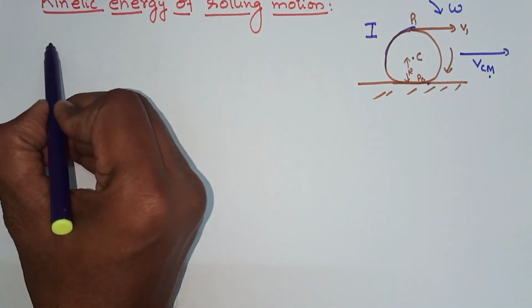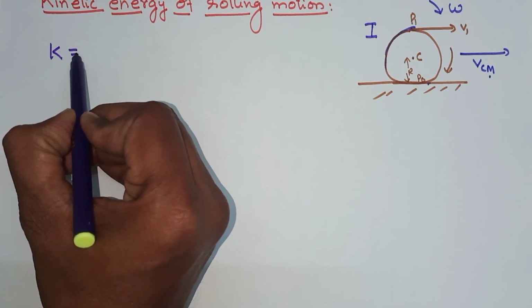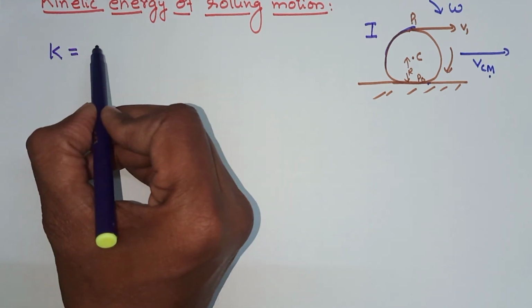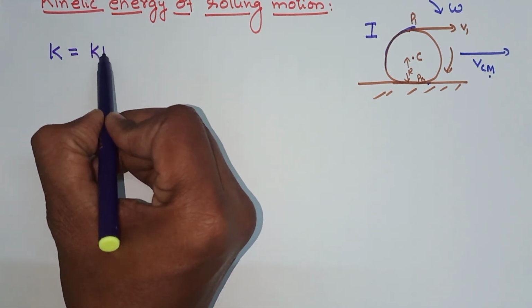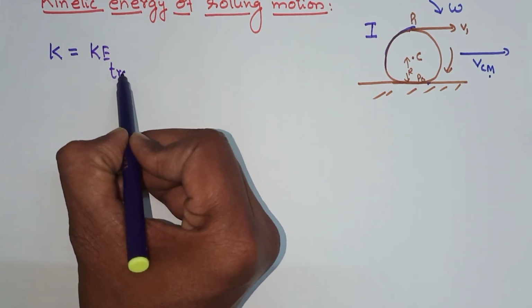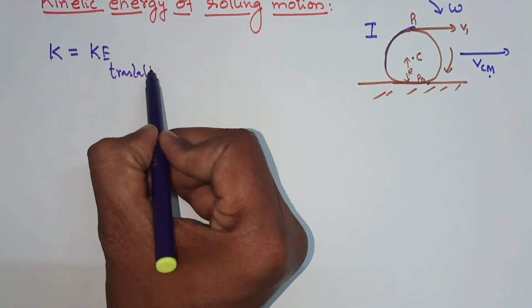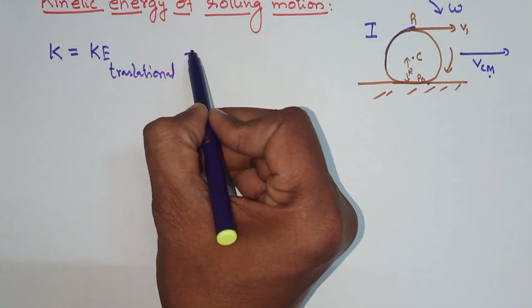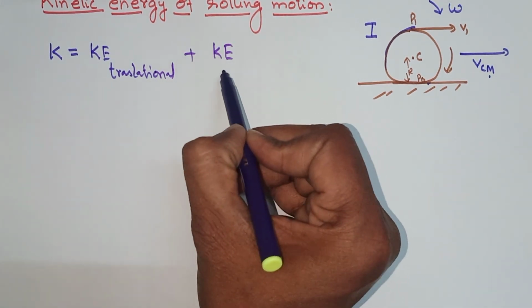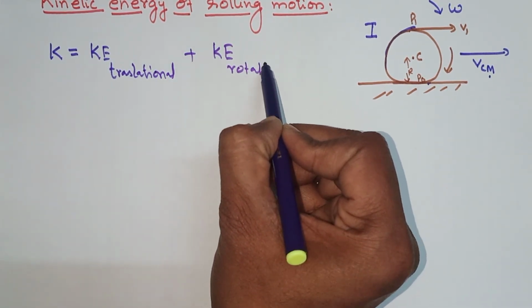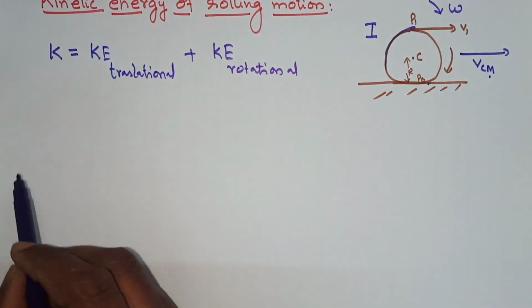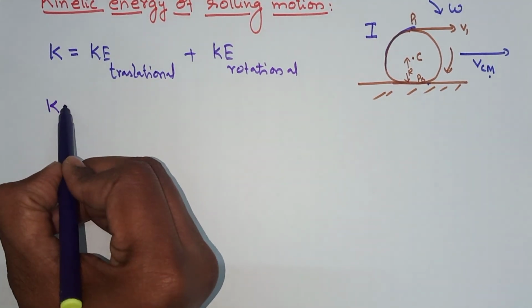So generally, if you write half mv square, which is not enough, kinetic energy of translational plus kinetic energy of rotational. How to write this one?